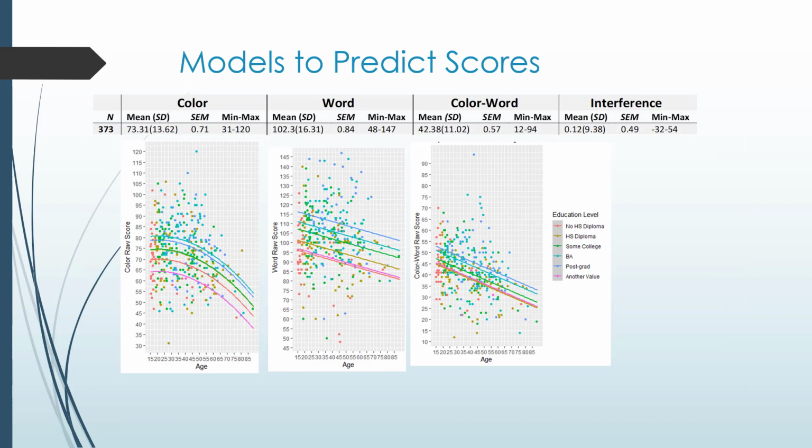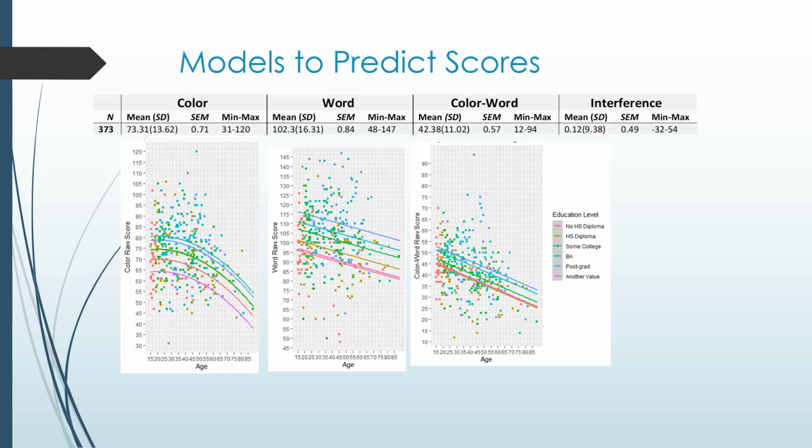Models were constructed to predict the scores. There was allowance for nonlinearity, and we can see that a nonlinear model best represented color predictions. As we move across age in all the models, scores tend to decrease, going up to age 88 in this sample.